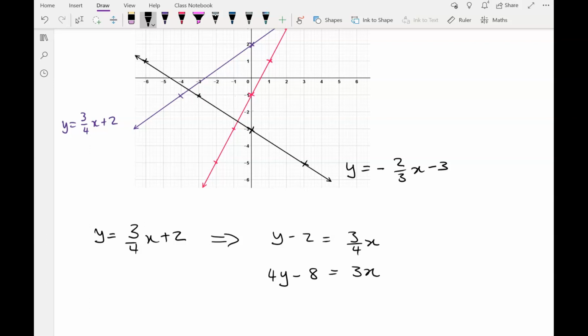And if I rearrange that, I can have this statement. I can say minus 3x plus 4y minus 8 equals 0.